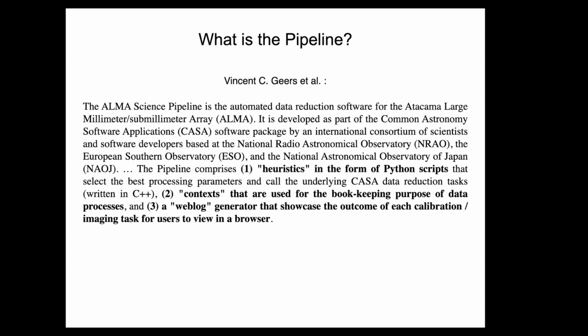Basically, it consists of 3 things: the heuristics in the form of Python scripts; the contexts, that are used for the bookkeeping of the data process; and the weblog generator that showcases the outcome of each calibration and imaging task, so that they can be viewed in a browser.